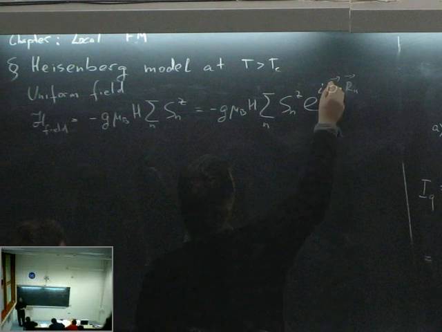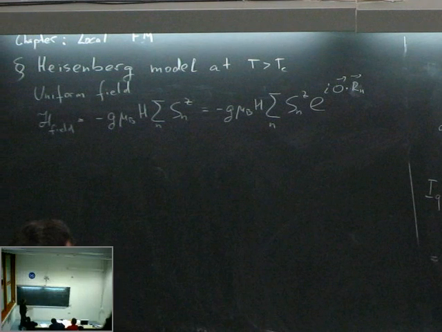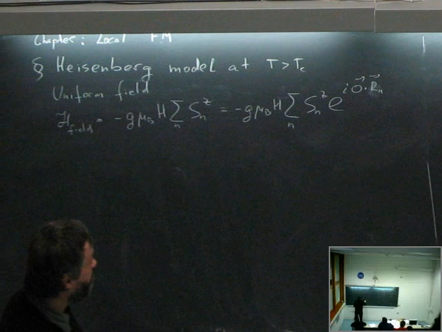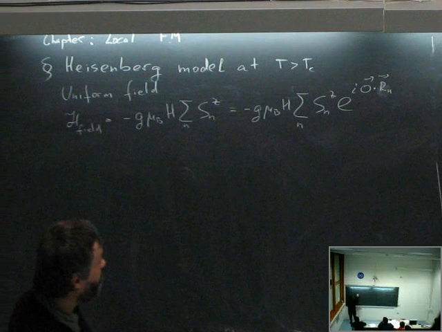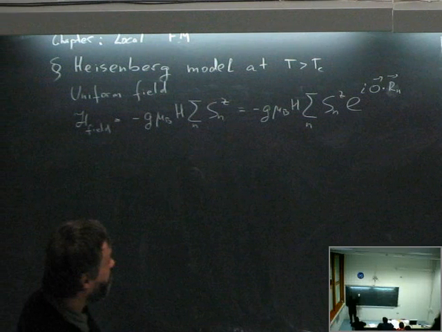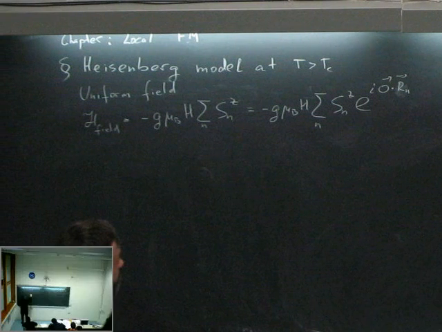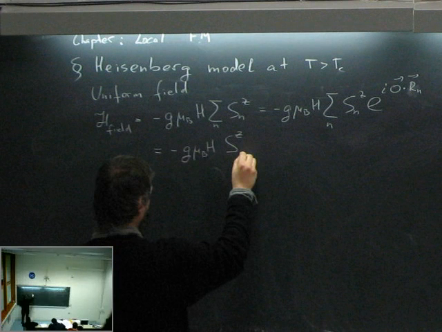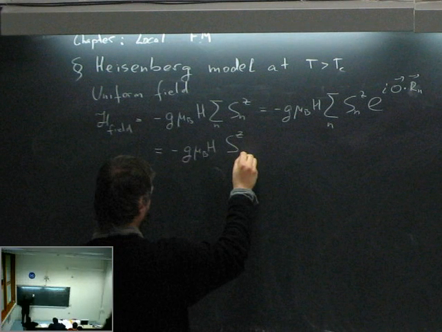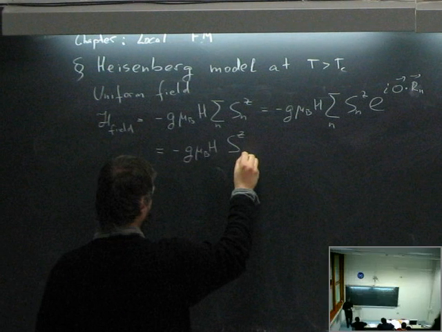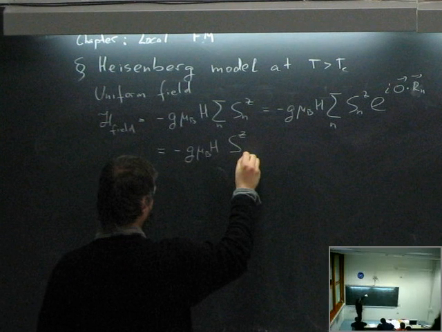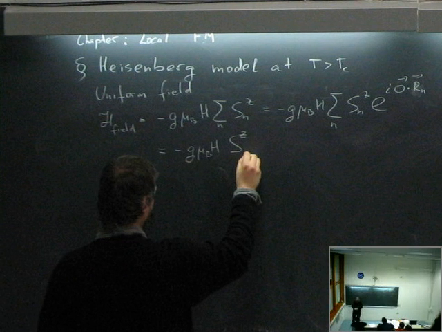I wrote it explicitly to show you that it corresponds to the Q equal to 0 response. So the uniform response is nothing but minus g mu_B H, and here S^z(Q equal to 0), because by definition this is the Fourier transform corresponding to zero momentum.